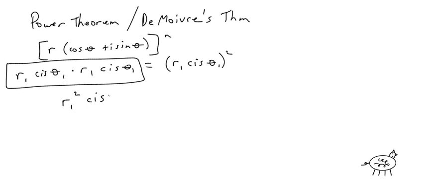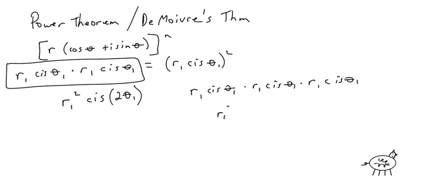You add them, so theta 1 plus theta 1 is 2 theta 1. Let's do it cubed: r1 cis theta 1 times r1 cis theta 1 times r1 cis theta 1. That's r1 cubed cis, and there are three of those, theta 1 plus theta 1 plus theta 1, so it's 3 theta 1.